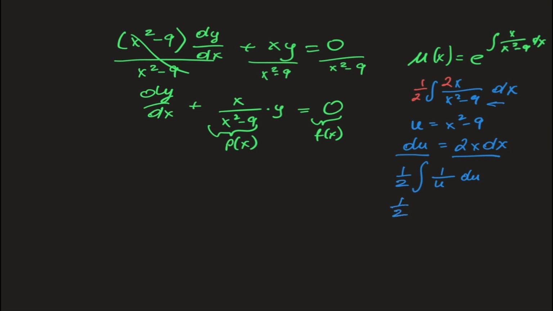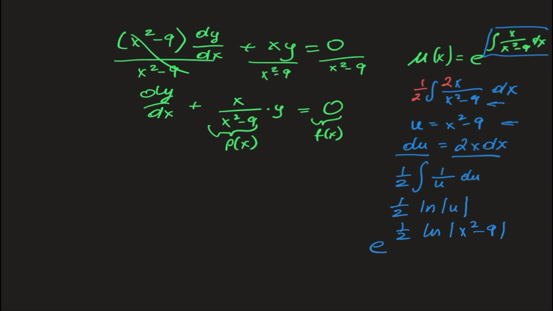So we have 1/2 integral of 1 over u, which is nothing more than ln of u. And we know what u is going backwards here. So it's 1/2 natural log of x squared minus 9. Now remember, this is just the top part of that integral. So we still have to take that to the e, or e to that power.